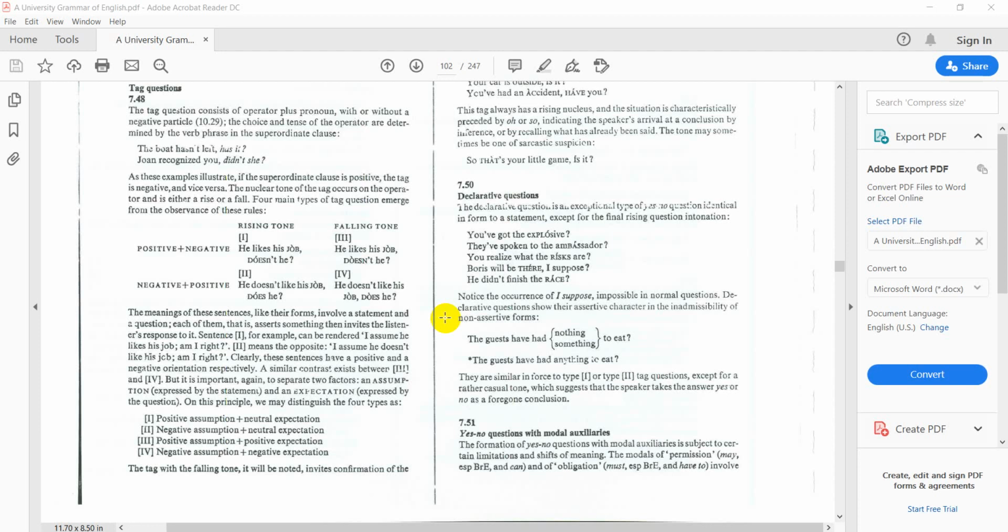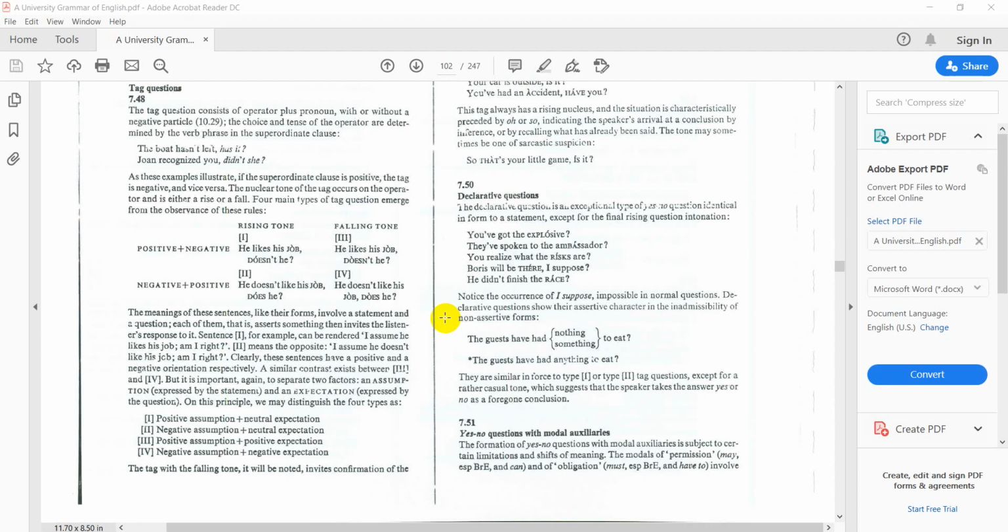Especially if the statement is not negative. Like, the guests have had nothing to eat, the guests have had something to eat. So I can use nothing, something, either if I negate the sentence or it is affirmative.